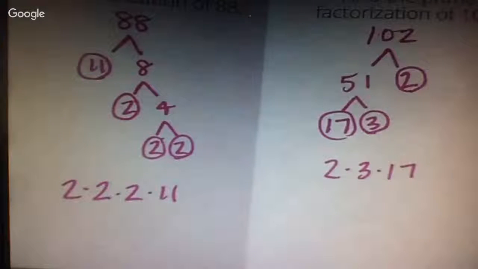Divisible by 3. 4,071. What's 4 plus 7 plus 1? 12. Divisible by 3, so this number is divisible by 3.